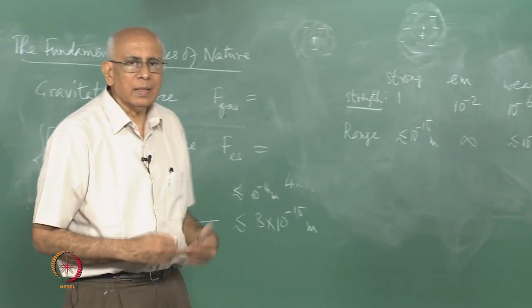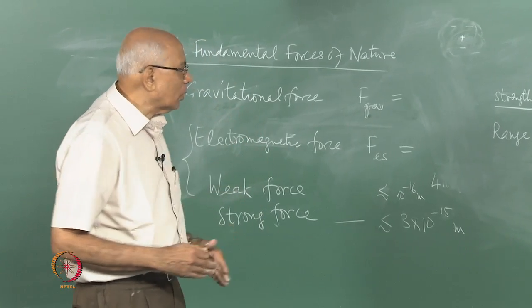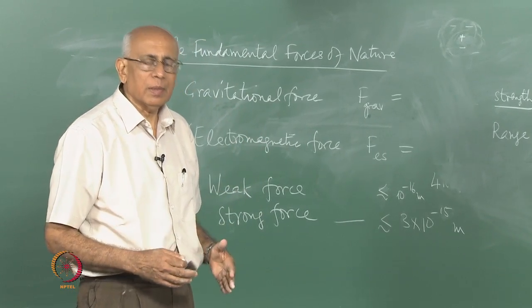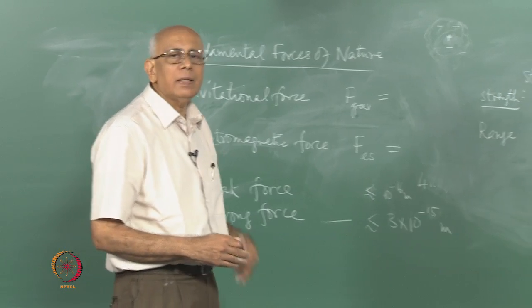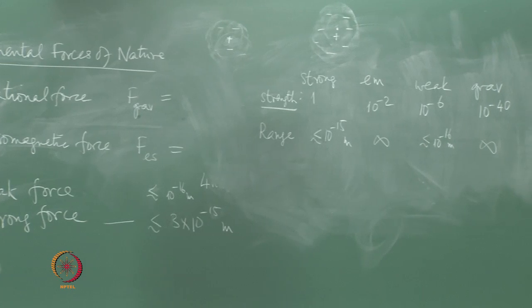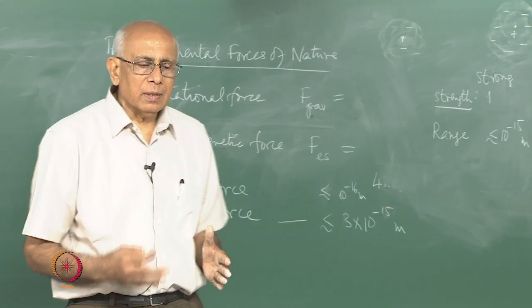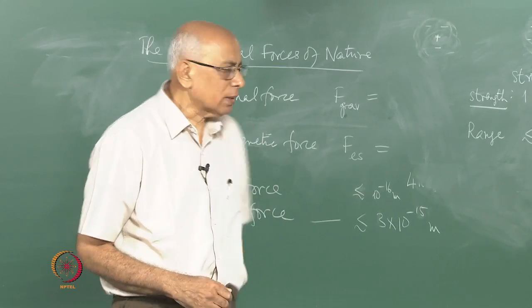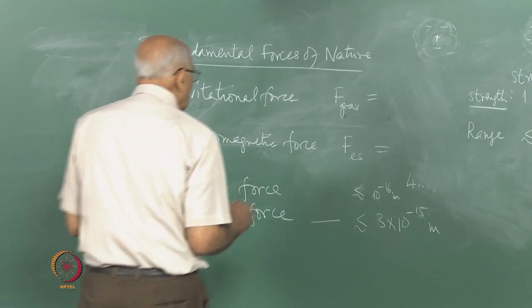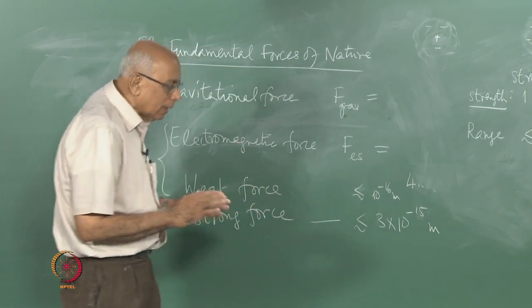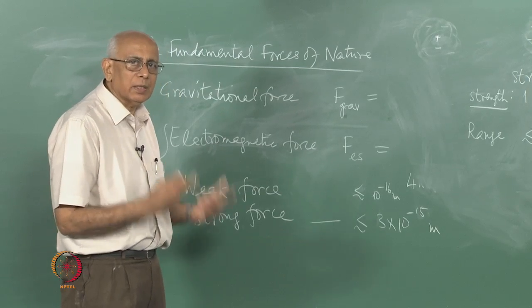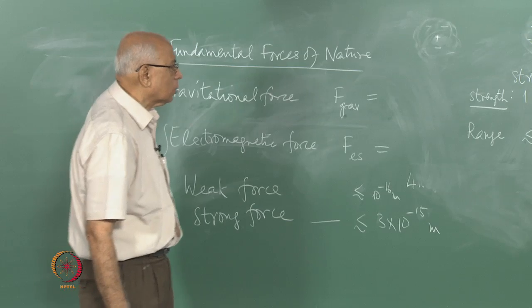So that is one reason why this unification program is a difficult one, and there is no guarantee that such a theory exists as of now, although theoretically we would like to believe that it exists for aesthetic reasons of various kinds. It would also be a very unified picture. It would lend credence to many of the theoretical conjectures that have been made in nature so far.